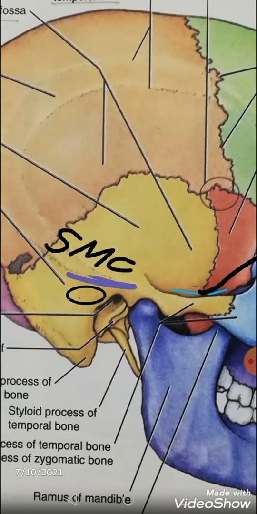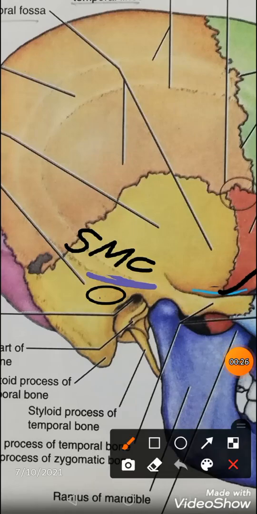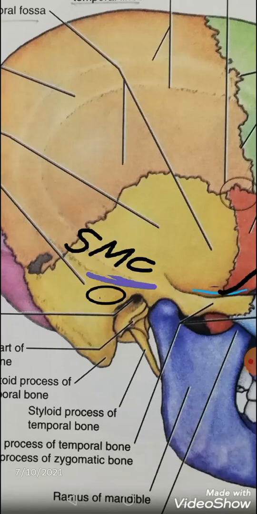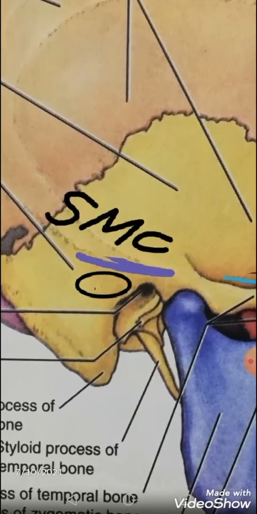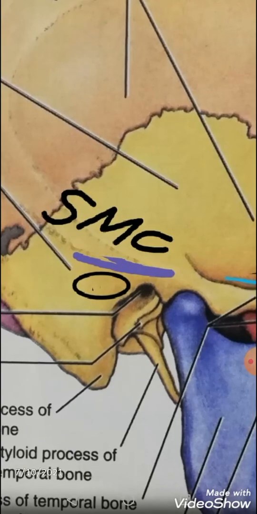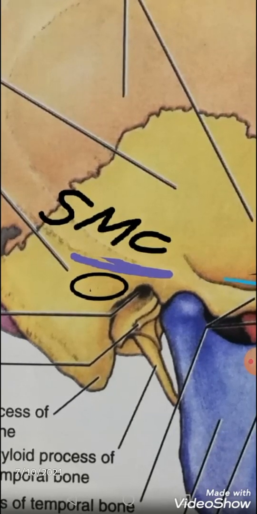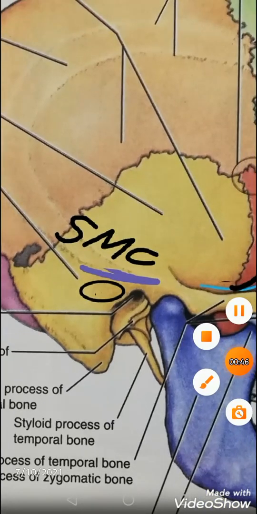Now concentrate a little bit posteriorly, where you find the inferior temporal line continuing downward to form the supramastoid crest, and you can see the rounded area here, which you call the suprameatal triangle, present postero-superior to the external acoustic meatus, right?